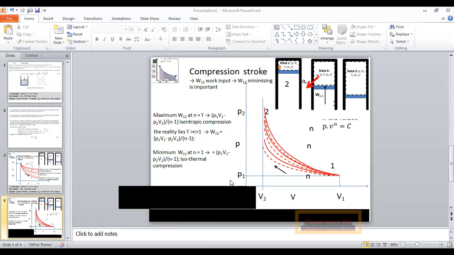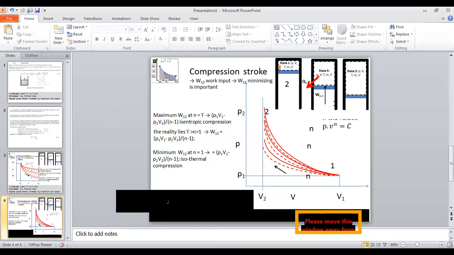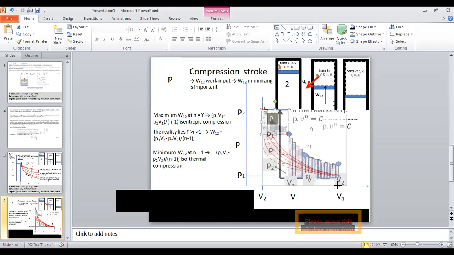Okay. So the same way, you can see minimum W12, isothermal compression, maximum W12. Because again, it's the same. Work done is under the curve, the PV area.